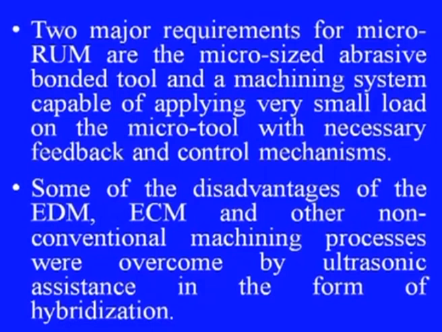The requirements for micro rotational ultrasonic machining are the micro sized abrasive bonded tool and a machining system capable of applying very small load on the micro tool with necessary feedback and control mechanisms.